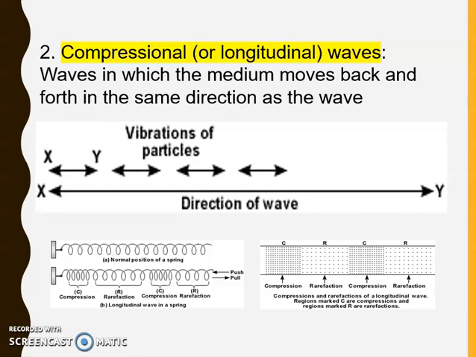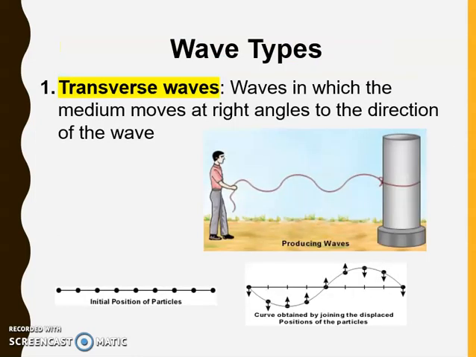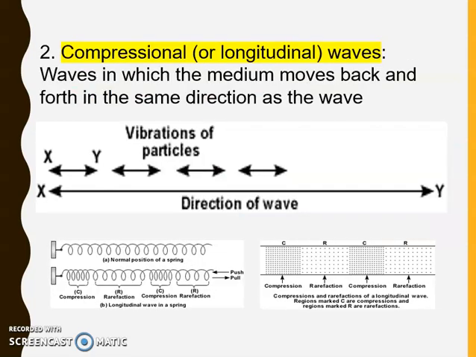Think of this as like an accordion or a slinky or a spring, where they're actually just going to be vibrating back and forth. There's going to be moments of compression, but then also moments of extension. So transverse waves, think of them for our sake as up and down. And then compression waves, think of them as basically being back and forth types of waves.